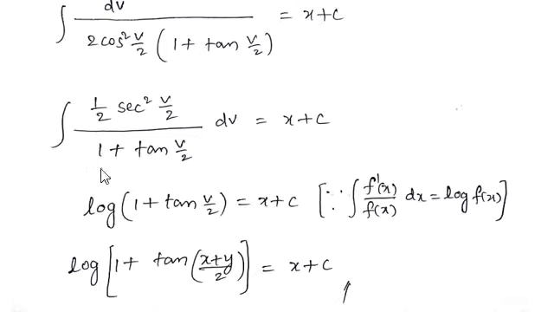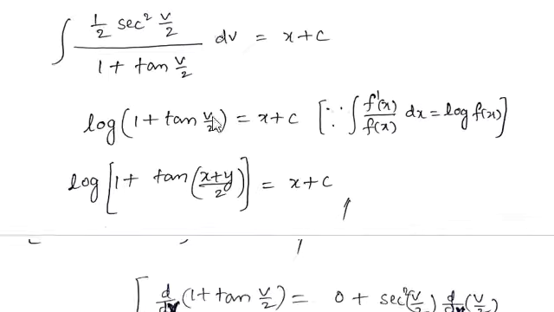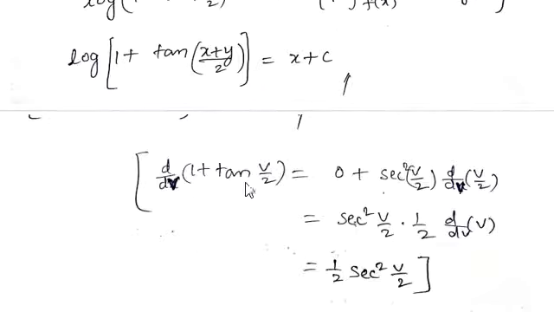Taking 1 plus tan v by 2 as f of v, its differentiation is 1 by 2 secant square v by 2. Differentiating, the derivative of 1 is zero since it is a constant, and then d by dv of tan v by 2.